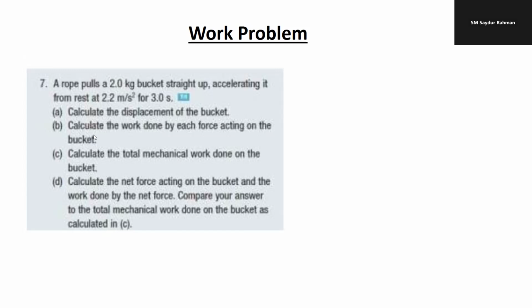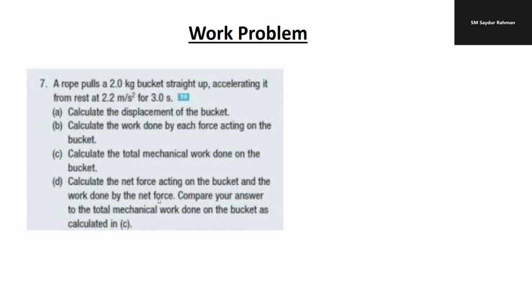We have to calculate the work done by each force acting on the bucket. So we have to first figure out how many forces are acting on it. Then we have to calculate the total work done on the bucket in part C, and then calculate the net force on the bucket and the work done by the net force.